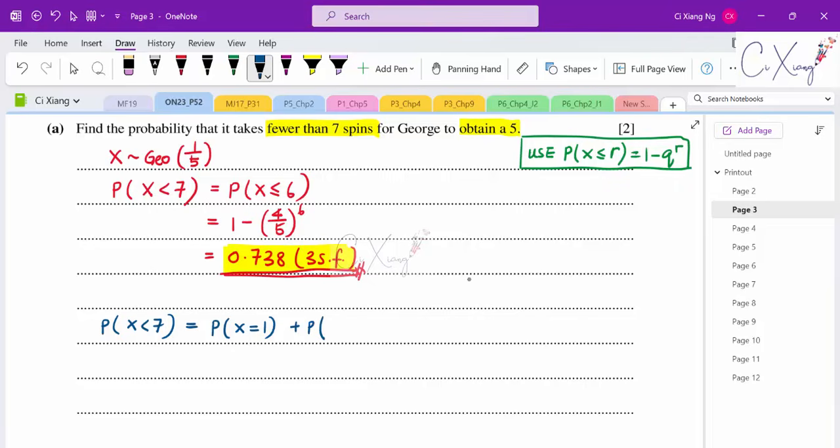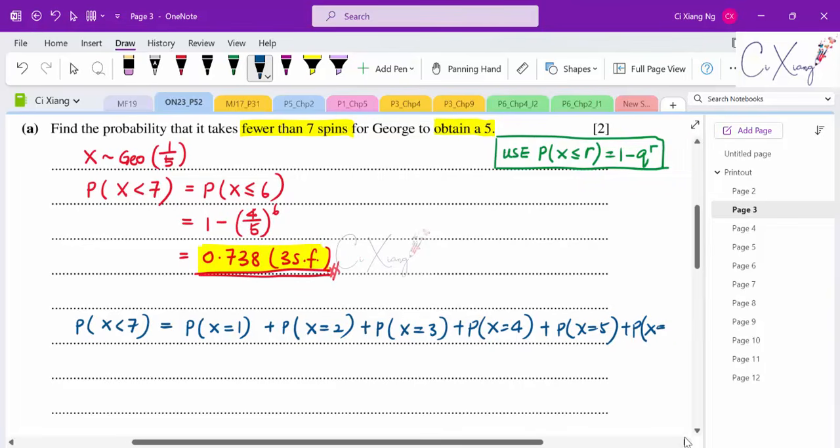Or you might need to throw 2 times to get a 5 when you throw the spinner. Then also you might need to throw it 3 times to get a 5, 4 times to get a 5, 5 times to get a 5, and also 6 times to get a 5.